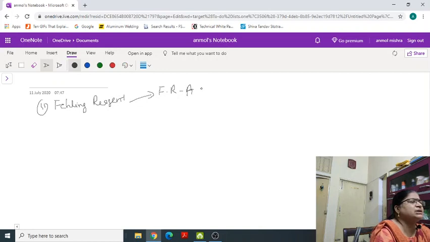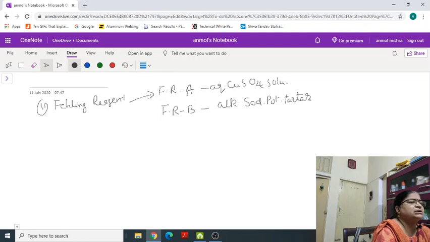Fehling reagent B is sodium potassium tartrate solution, also known as Rochelle salt.